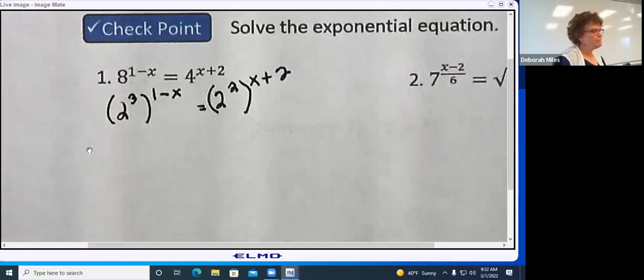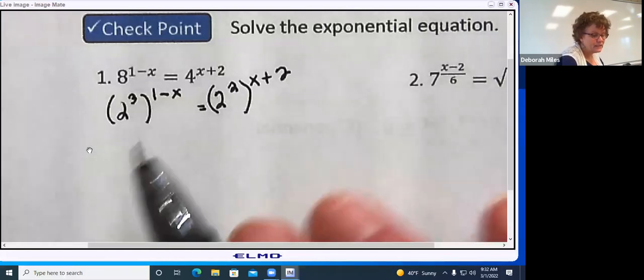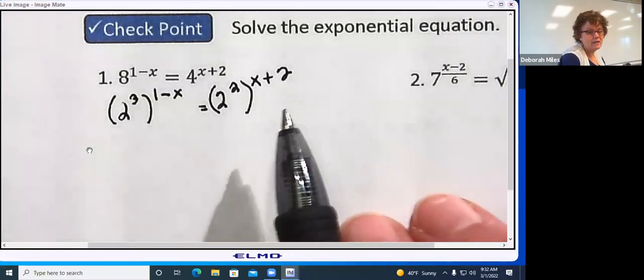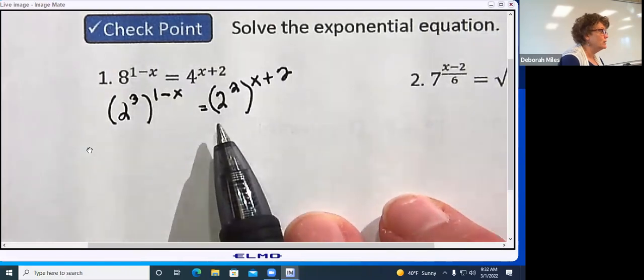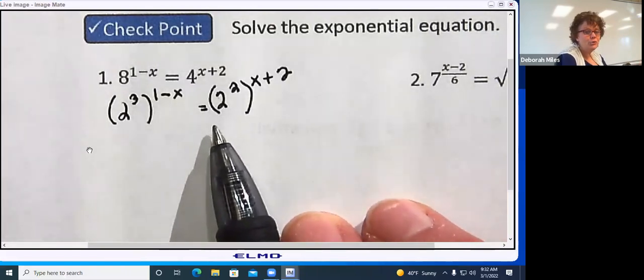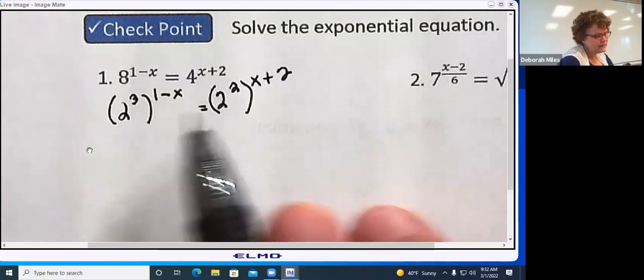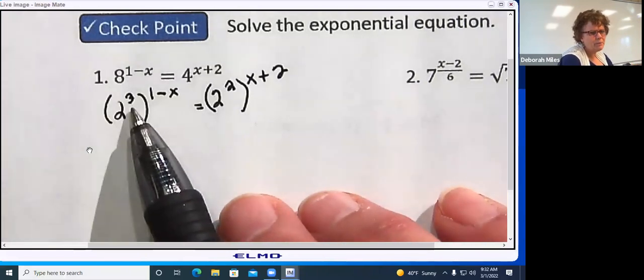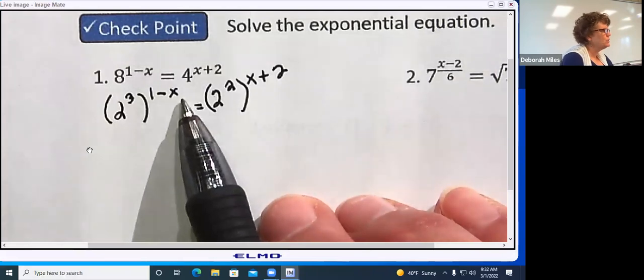Now, as long as I have parentheses there, that left hand base is still 8 and that right hand base is still 4. For them both to be base 2, I've got to remove the parentheses. And to remove the parentheses, I need to think, when you raise a power to a power, what do you do with the exponents?